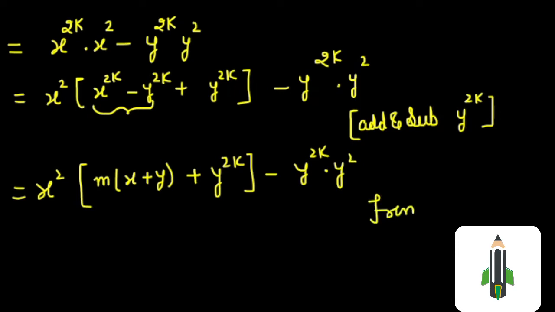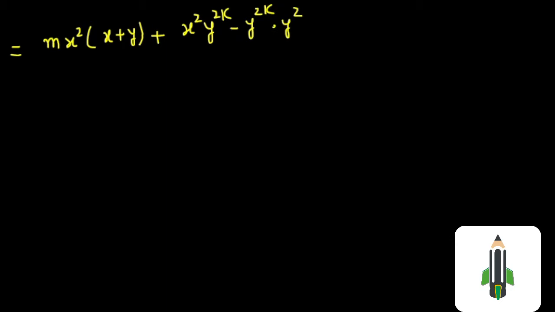Now x raised to the power 2k minus y raised to the power 2k, from equation first, can be written as x plus y multiplied by m, dot y square. After multiplying x square inside the bracket, m x square times x plus y plus x square y raised to the power 2k minus y raised to the power 2k dot y square.